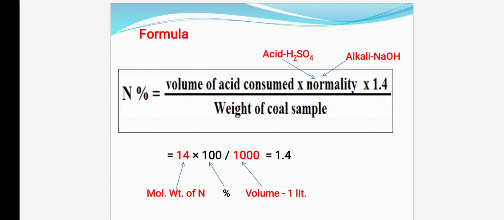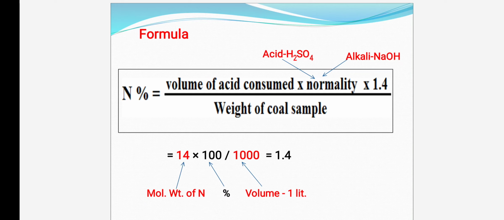We have to find percentage, so multiply by 100, divide by 1000. Why 1000? Because we find percent nitrogen volumetrically, so we consider the volume as 1 liter. So divide by 1000. That calculation will give the result 1.4. So instead of placing 14 multiplied by 100 divided by 1000, I place directly its answer, 1.4.